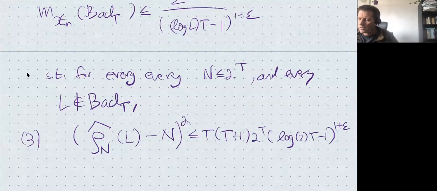So I'm getting a bound on how far the number of points that L has in a certain set is from the expected value. That set has volume n, so you're expected to have n points, and this holds up to an error, and this is the error.